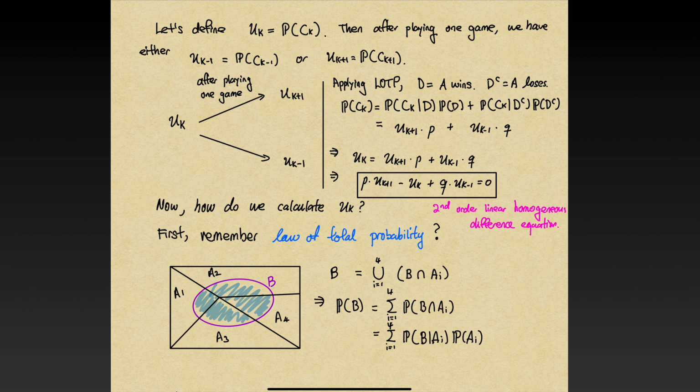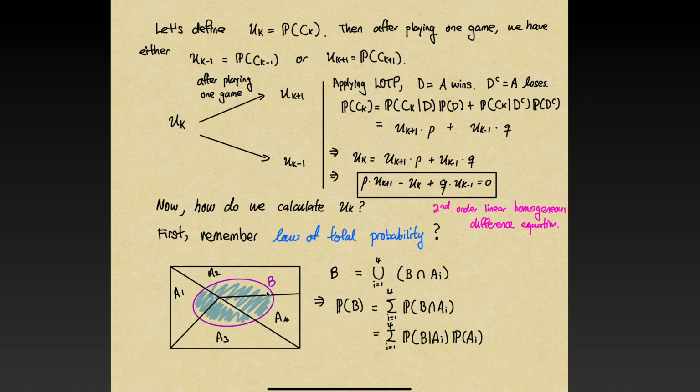I don't know if you guys remember this, but remember the law of total probability. Let this be our total sample space, and we can partition this sample space into 4 sections, A1, A2, A3, A4, and let B be another event that's something like this.